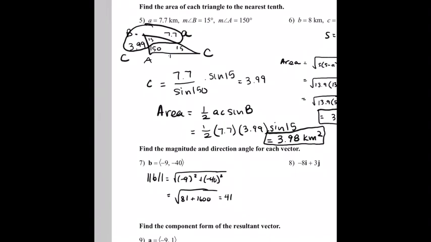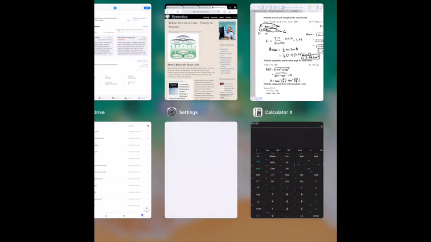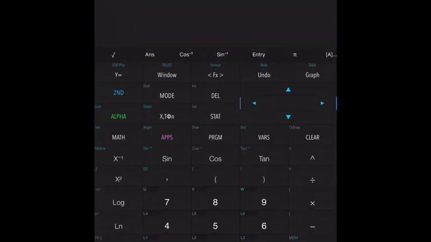And then the direction angle for a vector, we're going to call it theta, was the inverse tangent of 40 over 9.